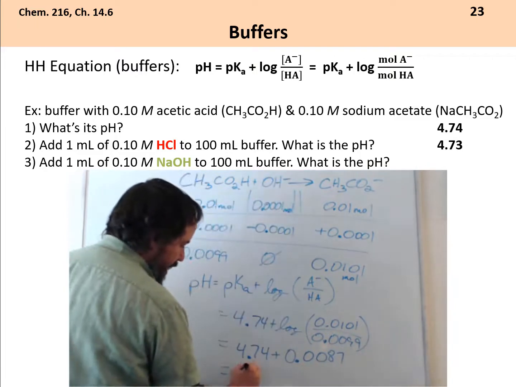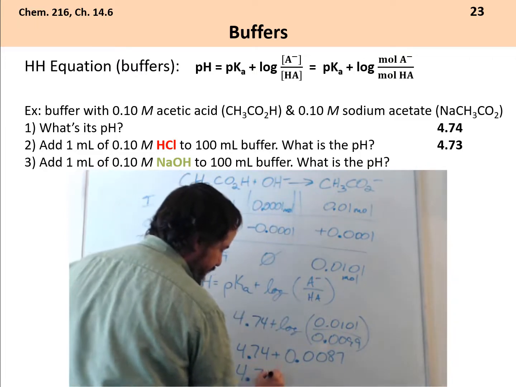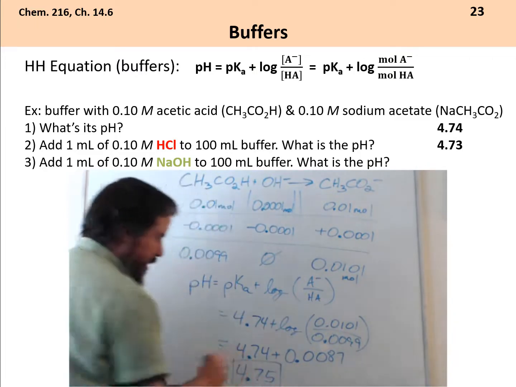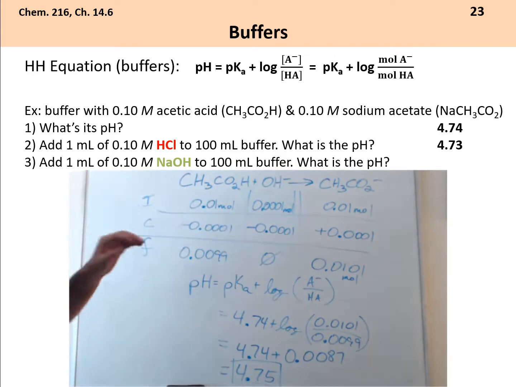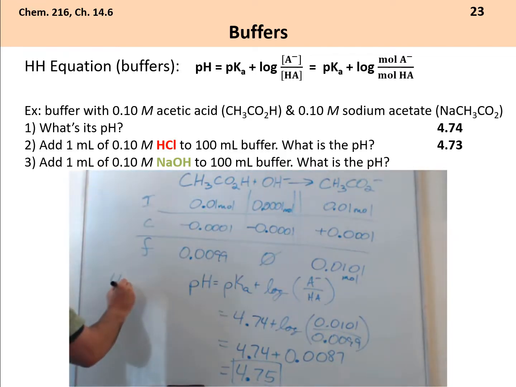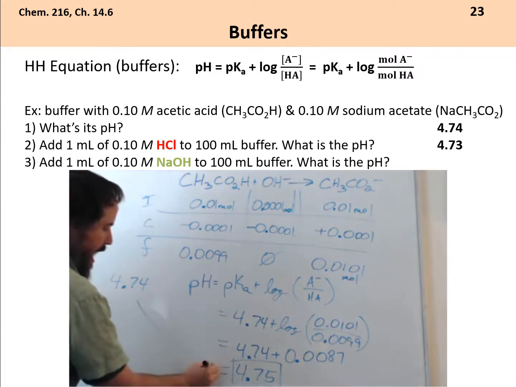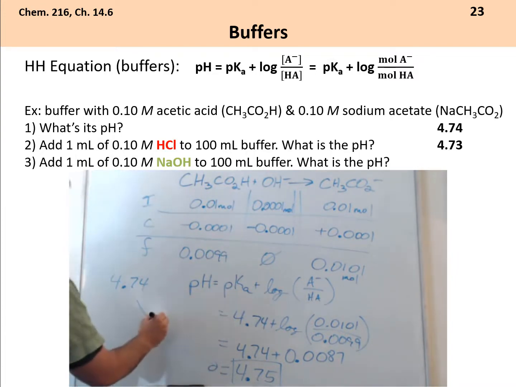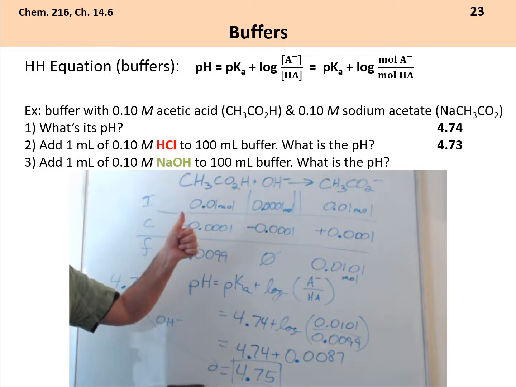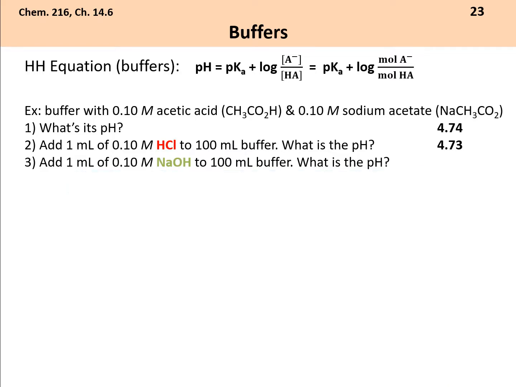So that's going to get me a pH of 4.75. Right? Does this make sense? I start off at 4.74. I ended at 4.75, and I did this by adding base. So it makes sense that when I add a base, my pH is going to increase. It becomes more basic. Okay.